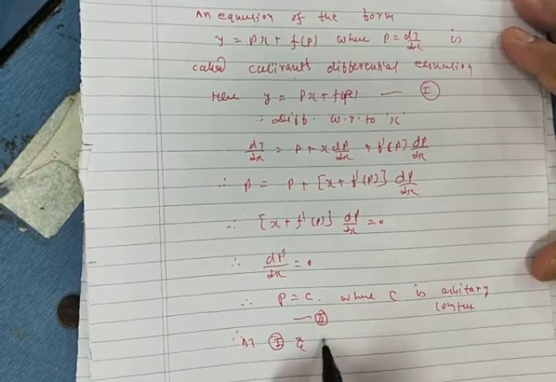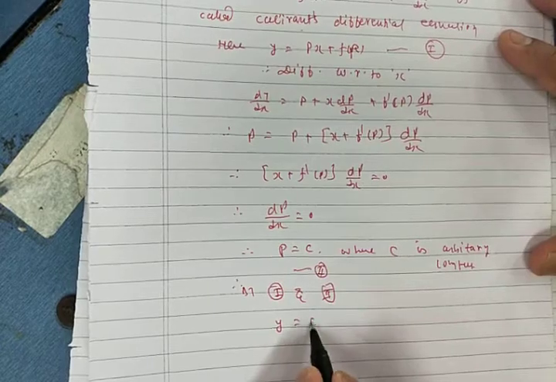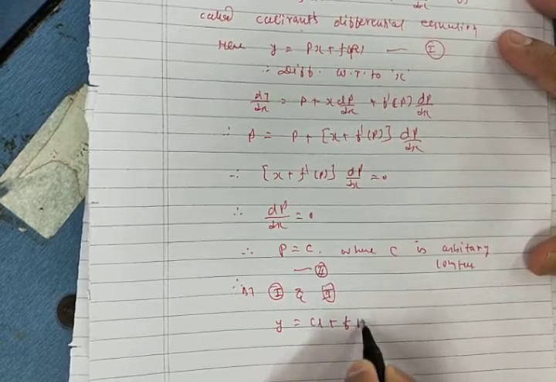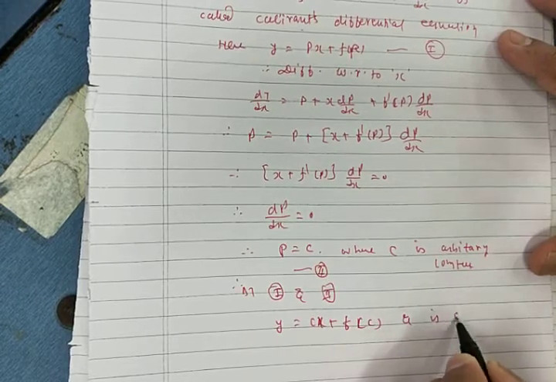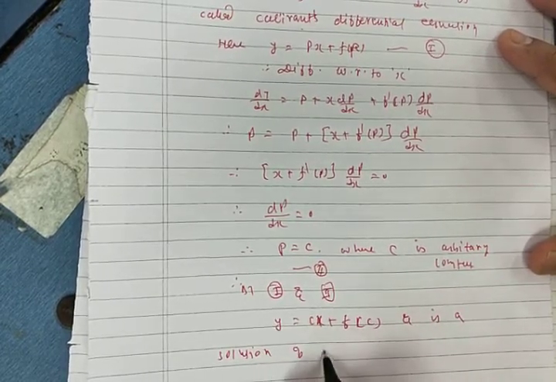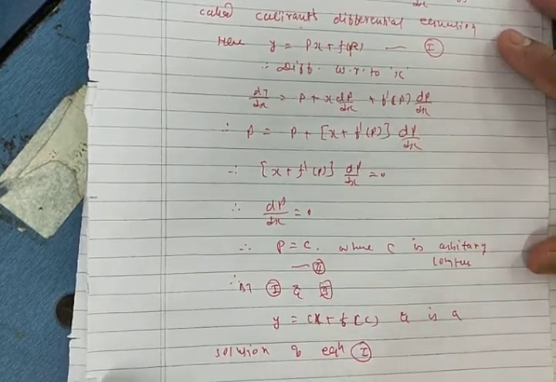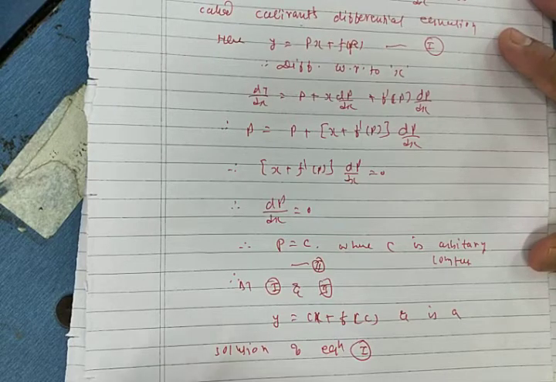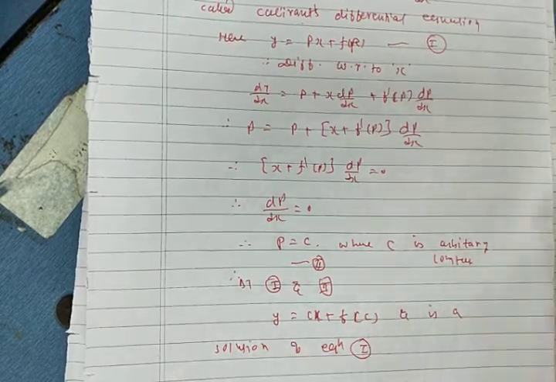Therefore by 1 and 2, what we get? y is equal to cx plus f of c, and it is a solution of equation 1. Very easy. It is a Clairaut's differential equation. Clear?